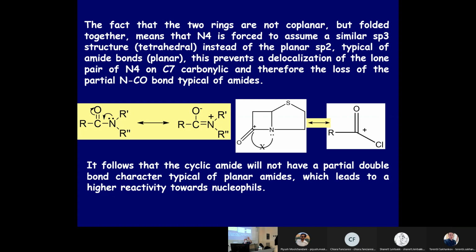You see here the two rings. The two rings are not planar, but almost perpendicular. This means that the nitrogen atom is not able to delocalize its lone pair on the carbonyl because they are perpendicular.